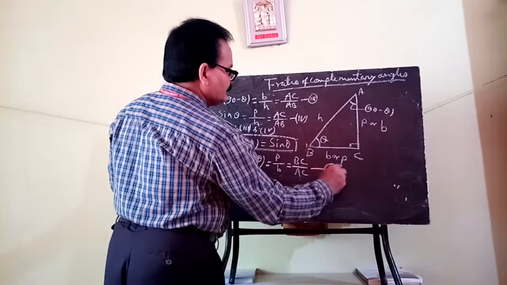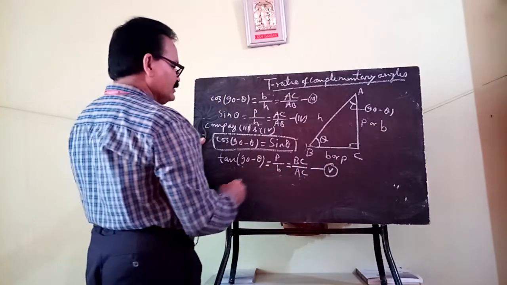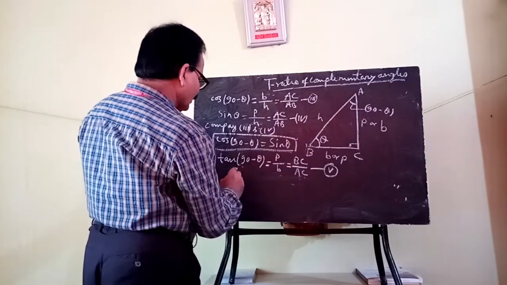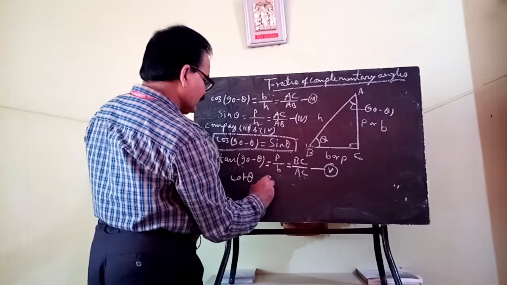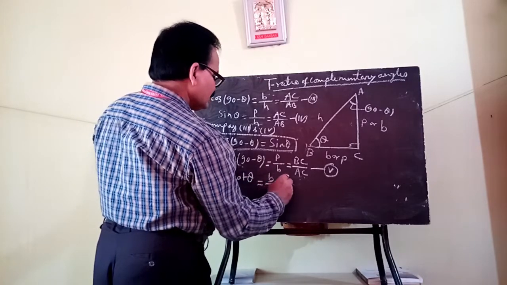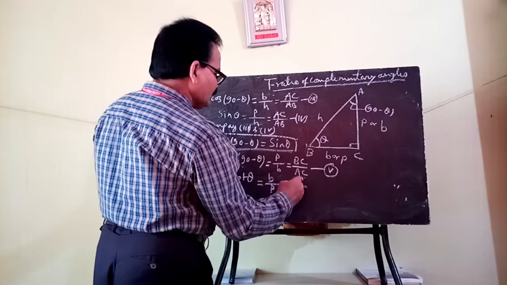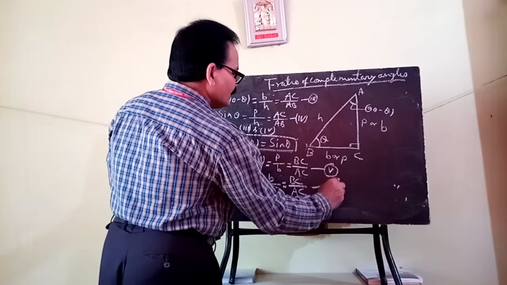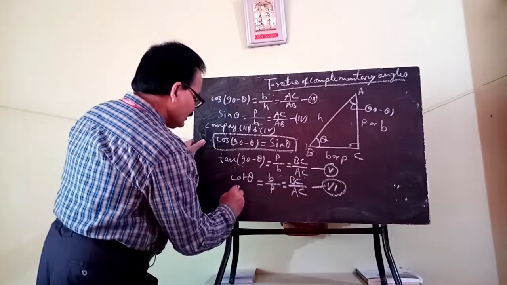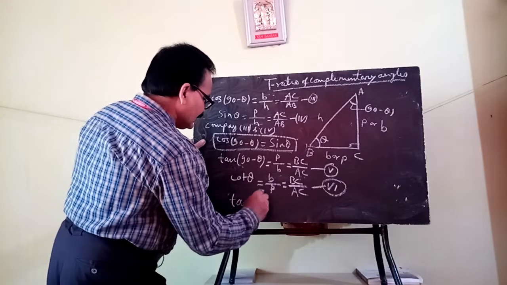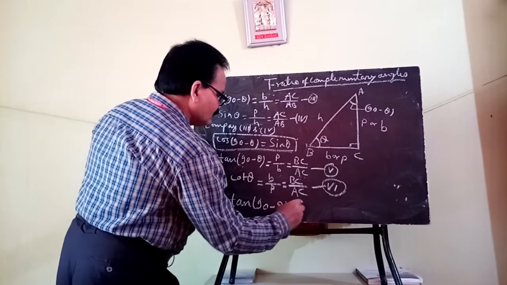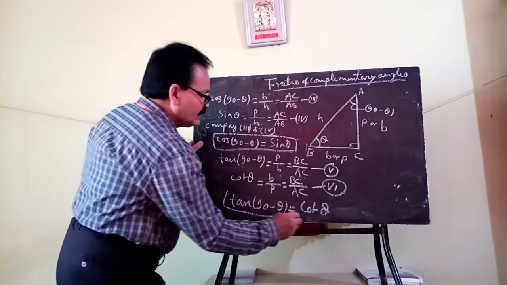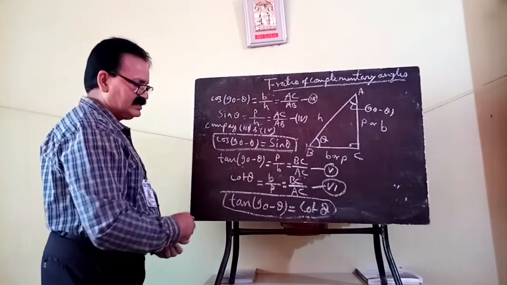This is equation 5. For angle theta, cot theta is B by P, where B is BC and P is AC. This is equation 6. Comparing 5 and 6, you will get tan 90 minus theta equal to cot theta. So this is another relation that we have determined.